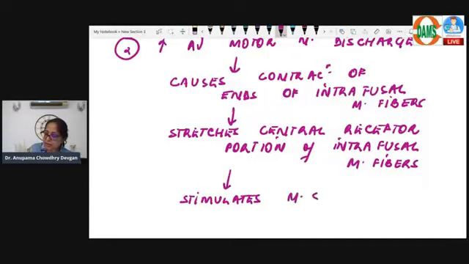And what happens when the muscle spindle gets stimulated? We'll do it a little later in central nervous system. So muscle spindle can be stimulated in 2 ways.